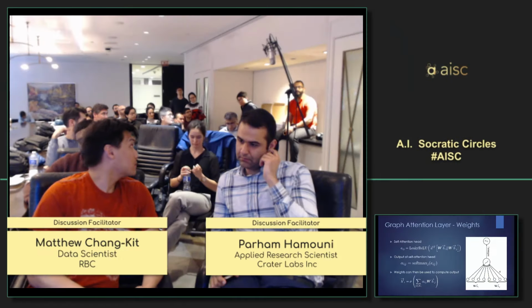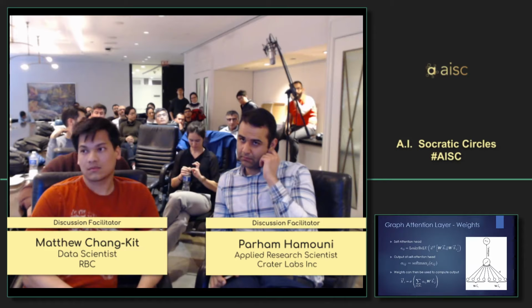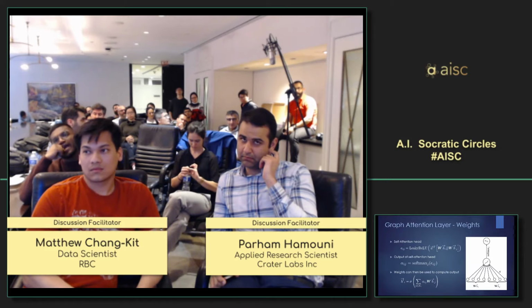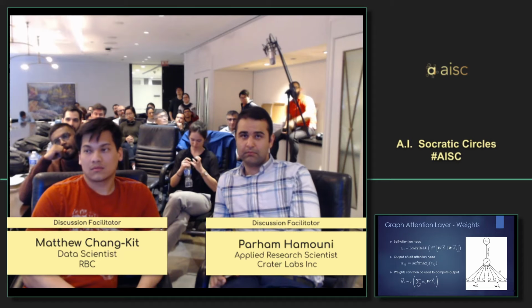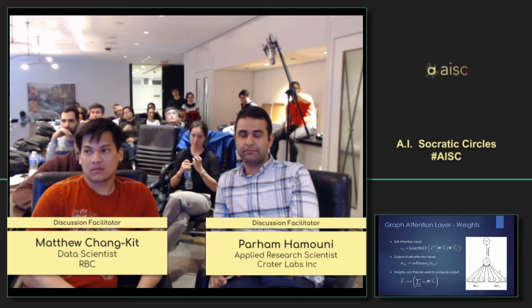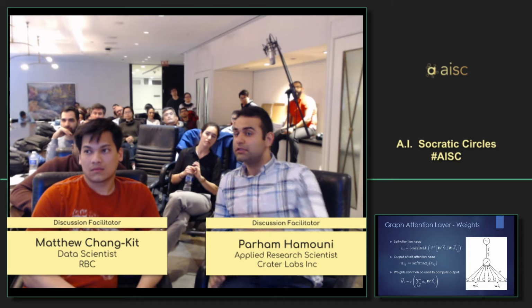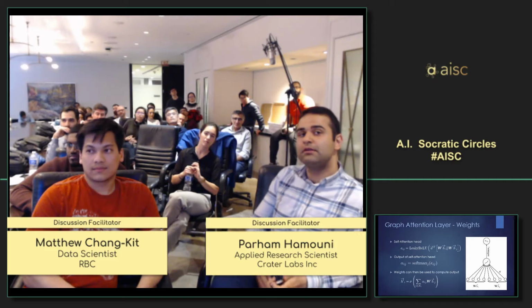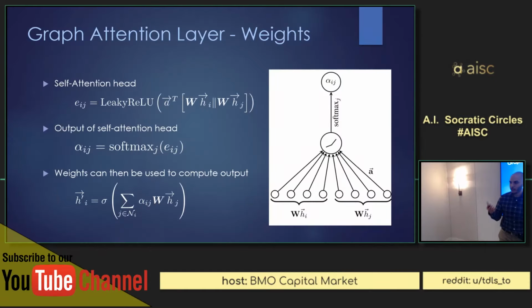Are you assuming directionality now on the edges, or would you flip them to have non-directional graphs too? On your graph, yes, the edges look directional. So the question is, am I assuming directionality on the graph? Sorry for any misunderstanding, but this diagram is just a schematic on how to compute alpha ij.